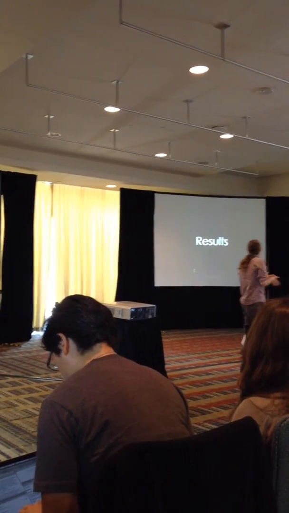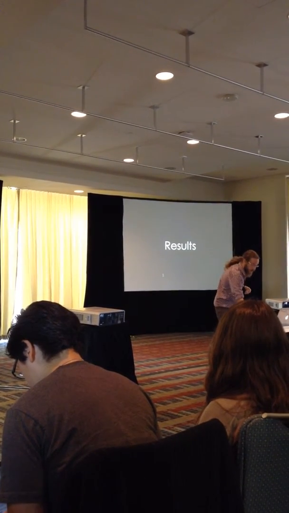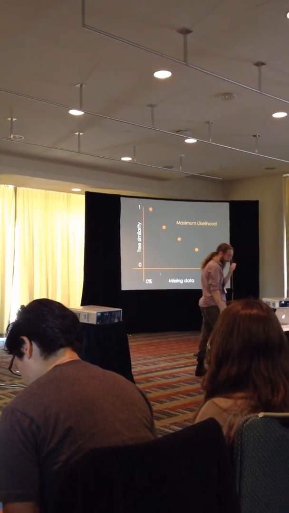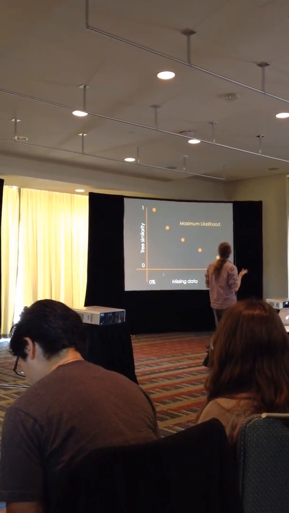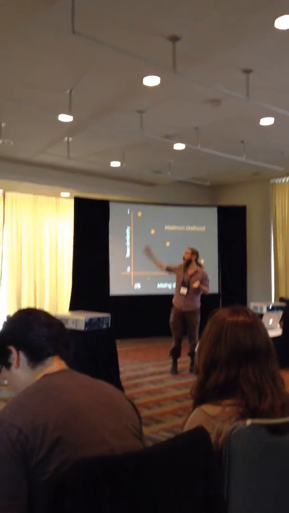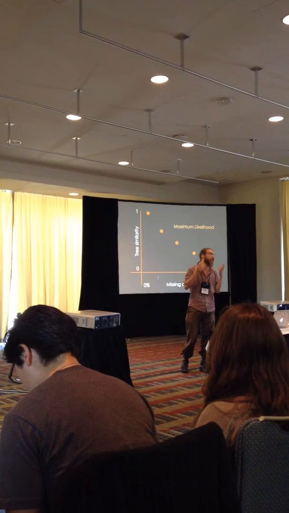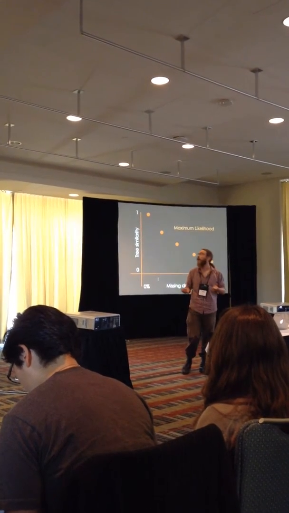So all that's for the methods, and now the interesting part is actually the results. In maximum likelihood, we have a fairly expected pattern: as you increase your amount of missing data, you decrease your ability to pick up the right tree topology.